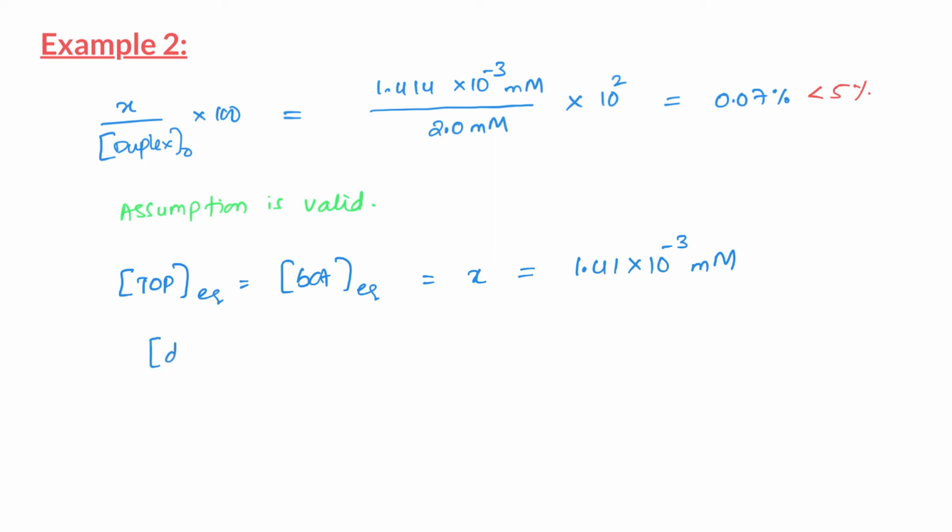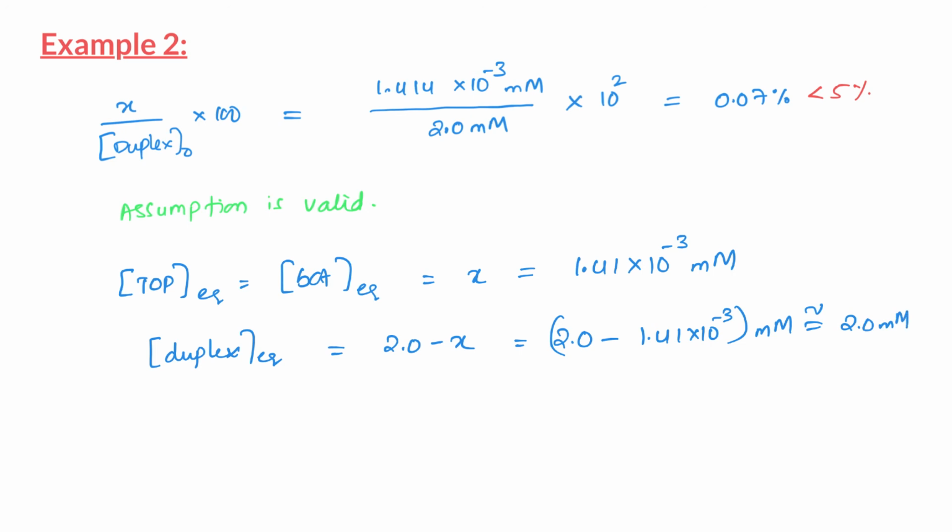And the equilibrium concentration of duplex DNA is 2.0 minus X, that is 2.0 minus 1.41 times 10 to the minus 3 millimolar, which is approximately equal to 2.0 millimolar. At equilibrium, the duplex DNA is the major species present in the solution, while the top and bottom strands are the minor species present in the solution.